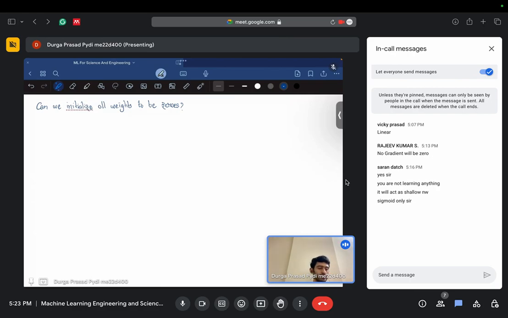Can we initialize all the weights to be 0 and still be able to get a better solution? Yes, no, not sure.